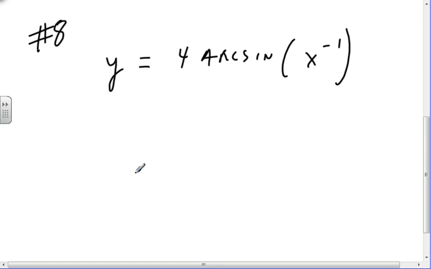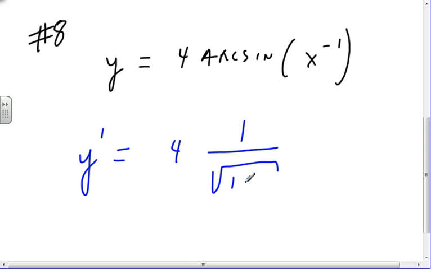Okay, I'm looking at the derivative of the arcsine in my book, and I read, this is 4 times 1 over the square root of 1 minus x to the minus 1 squared, times the derivative of x to the minus 1, which is going to be minus 1 times x to the minus 2.